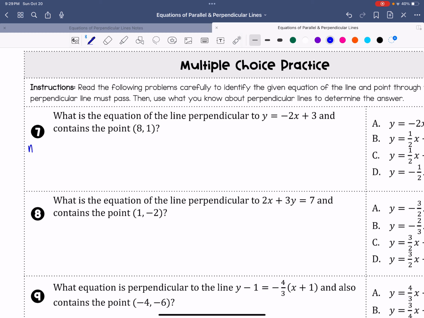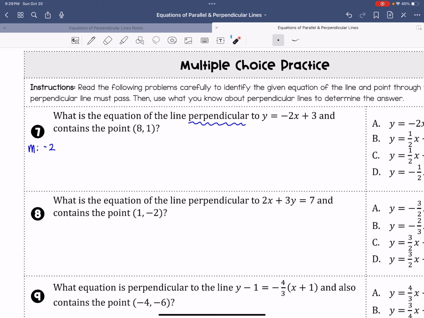So our first step is to find our slope. So the slope of my given equation is negative 2. But remember, I am trying to find the equation of a line perpendicular to y equals negative 2x plus 3. So I have to find the opposite reciprocal of my given slope. So my very first step is to find the opposite reciprocal of negative 2.